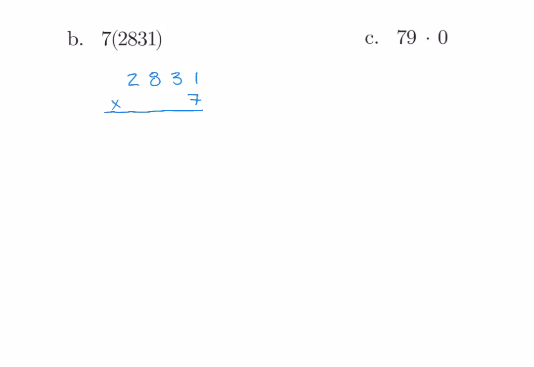So we get 7 times 1 is 7. 7 times 3 is 21. We bring down the 1, we carry the 2. 7 times 8 is 56. Add the carried digit, we get 56 plus 2 is 58.